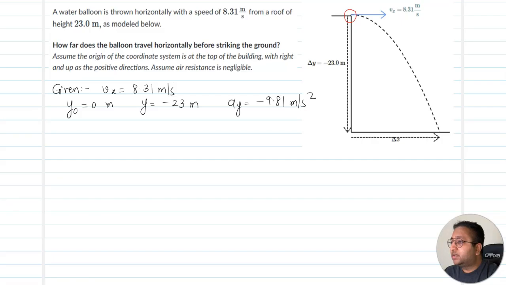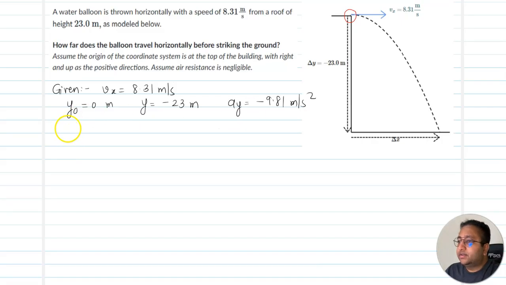But please note that this is a problem of a freely falling object, and the water balloon in this case is falling downward. That's why we take the acceleration due to gravity as minus 9.81 meter per second square, where 9.81 is the magnitude and the negative sign indicates the direction, which is downward.